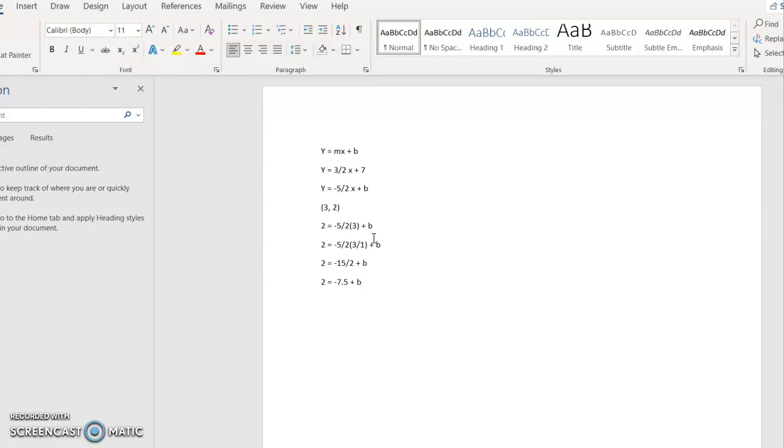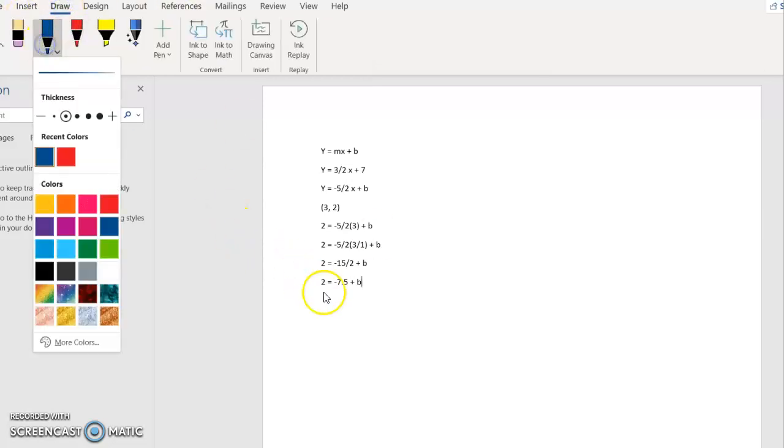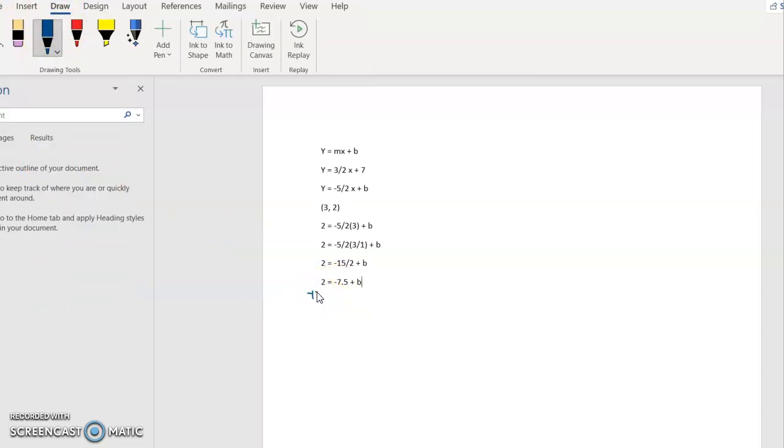And now let's add 7.5 to both sides. And we get b equals 9.5. So in this one, since it was sort of halfway, it was very difficult trying to count up and find out what that y-intercept was.